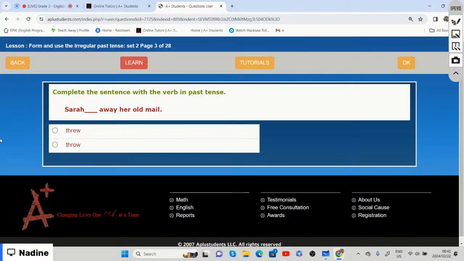Sarah threw away her old mail, or Sarah throw away her old mail?